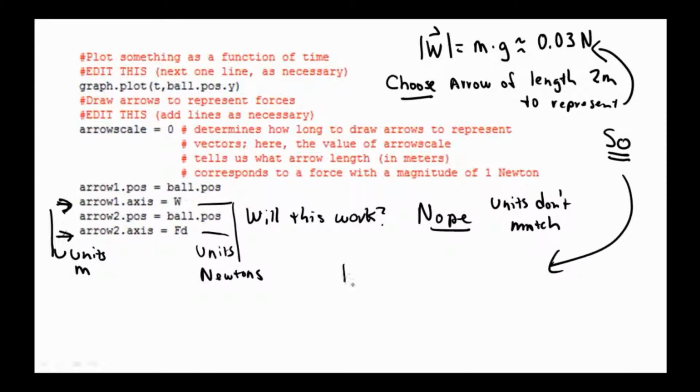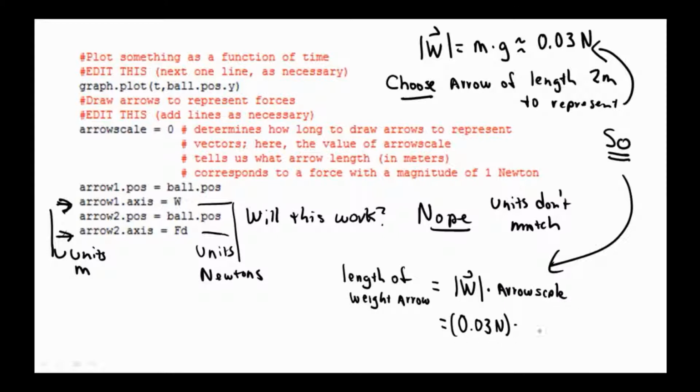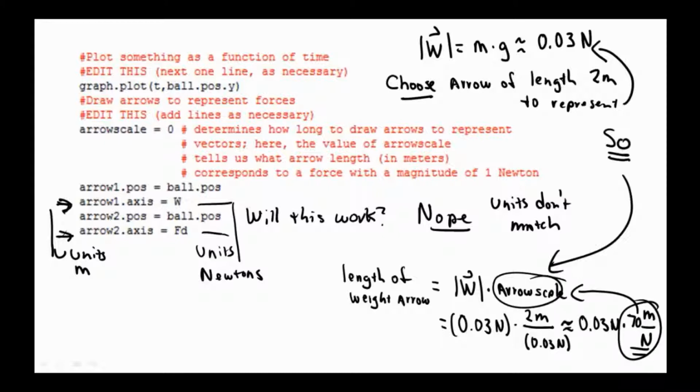To do this, we will set the length of the arrow to be equal to the magnitude of the weight force multiplied by an appropriate scale factor we'll call arrow scale. In this case, the value of arrow scale we will choose to be 2 meters per 0.03 newtons, or approximately 70 meters per newton.